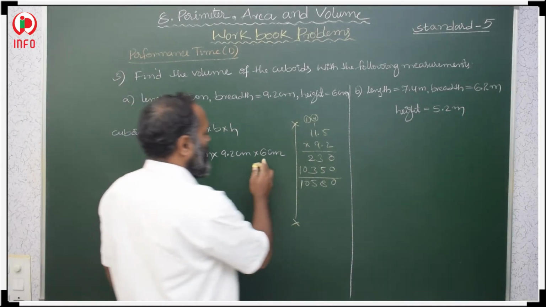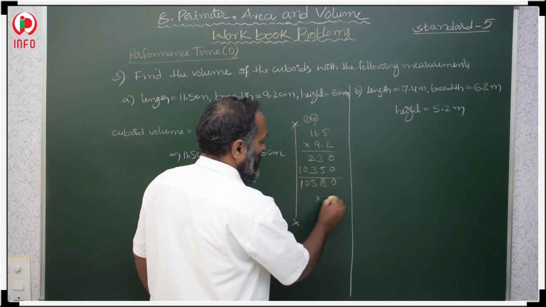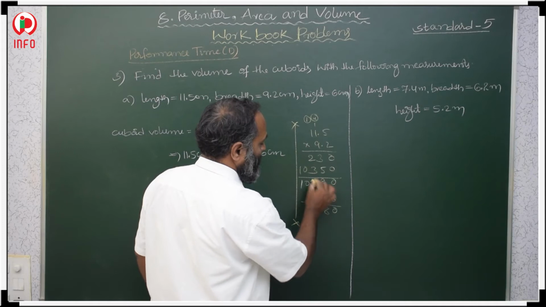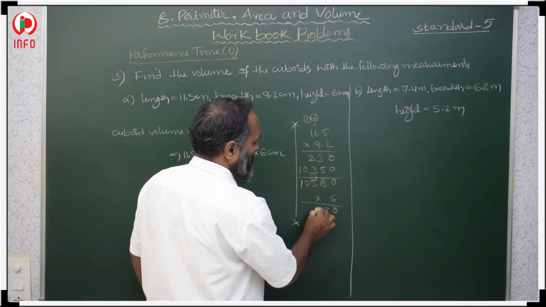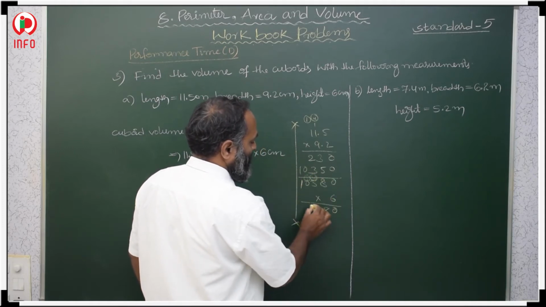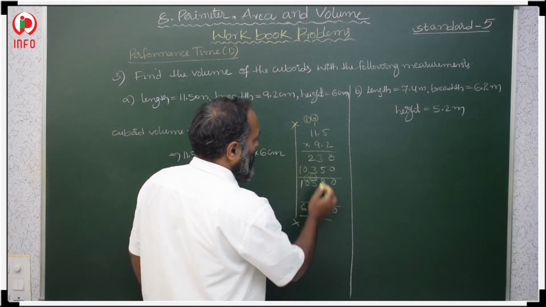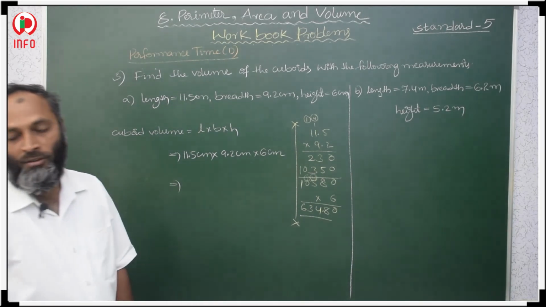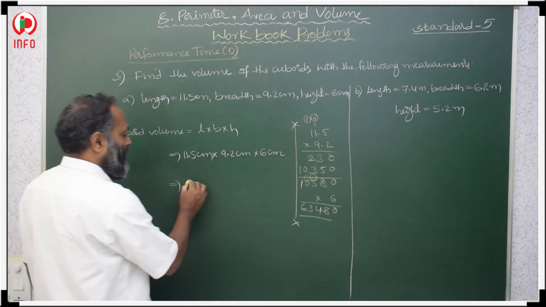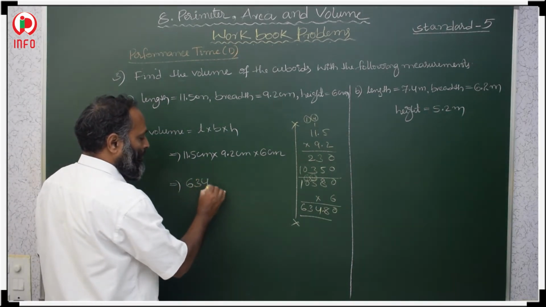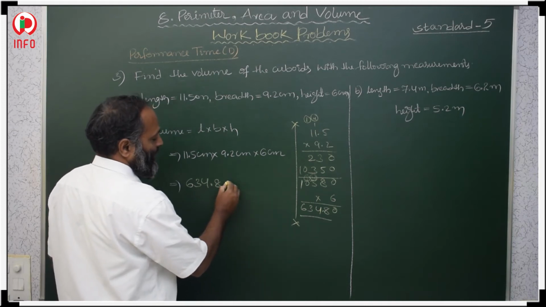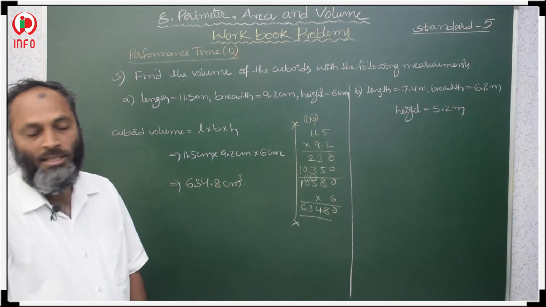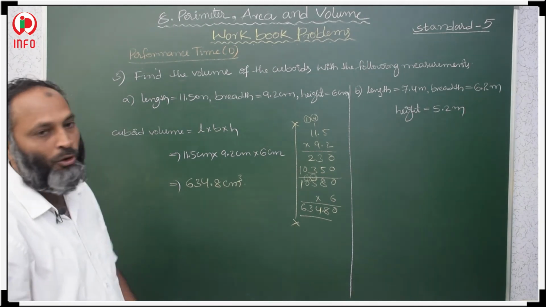After that we have to multiply with 6. 6 2s are 12, 6 8s are 48, 6 5s are 30, and 6 ones are 6. After 2 digits we keep a decimal, that is 634.8 centimeter cube. So, this is the volume of a cuboid.